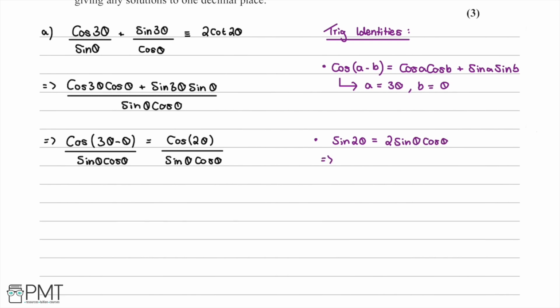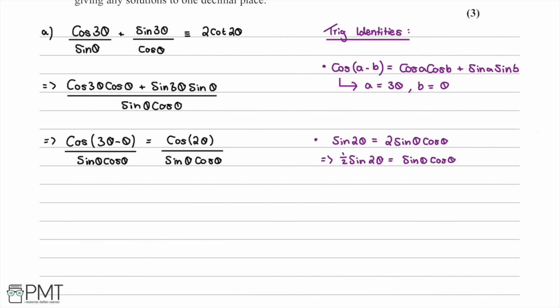What we have here, 2 sine theta cos theta, is very similar to our denominator. To make this the same, we need to get rid of the 2. How do we do that? We can multiply both sides by a half. So our trig identity is a half of sine 2 theta is equal to sine theta cos theta.